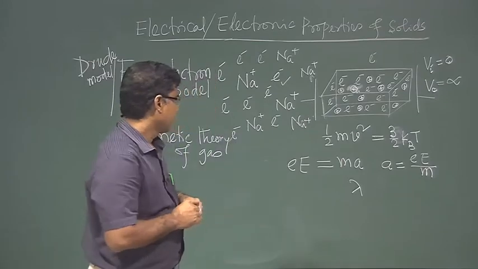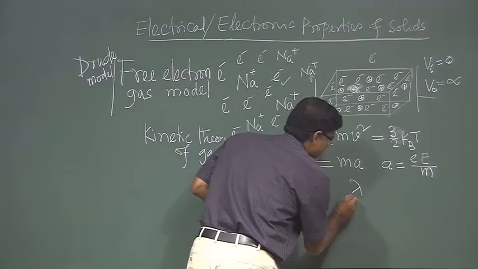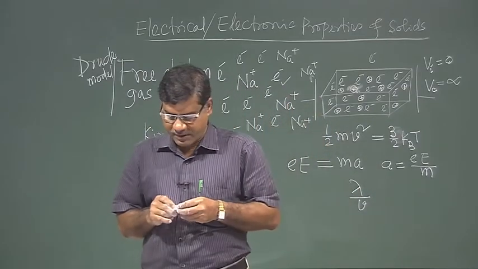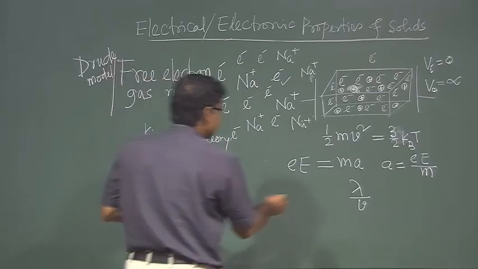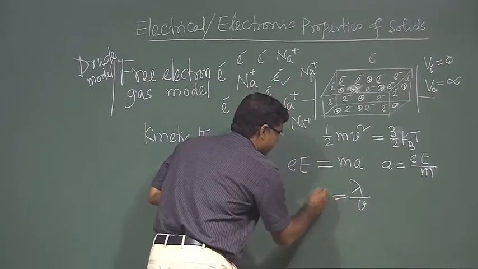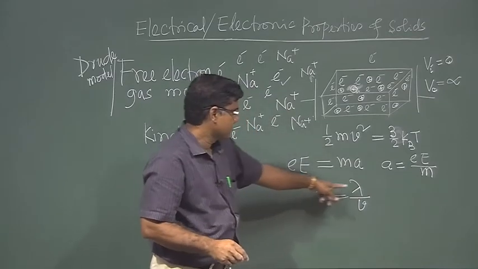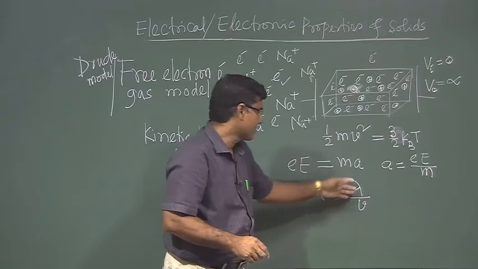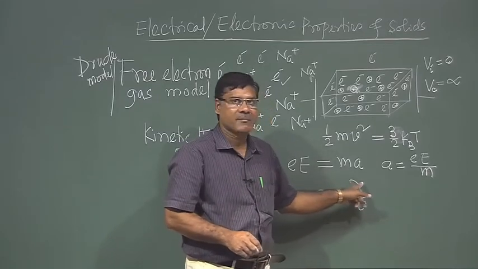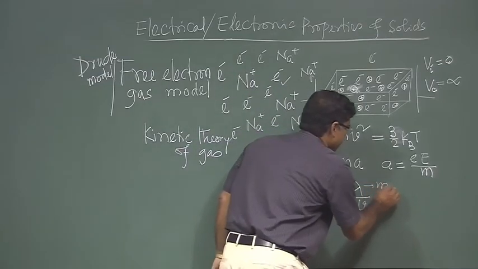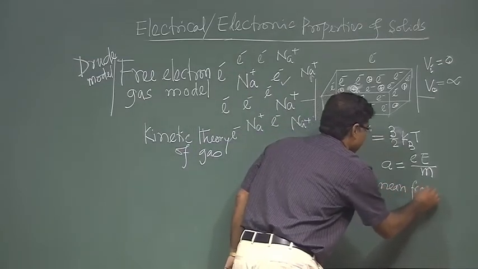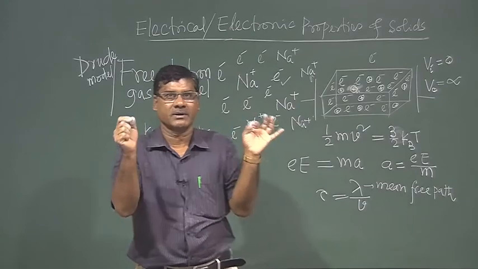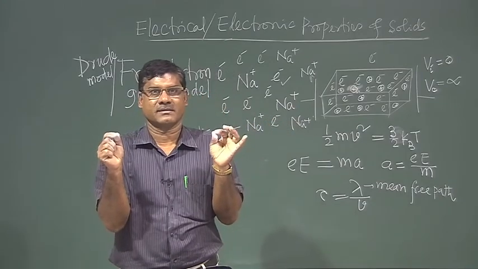If it is moving with velocity v, then lambda by t is the velocity, so lambda by velocity is the time t. This lambda is called the mean free path, which means the path between two successive collisions, right.